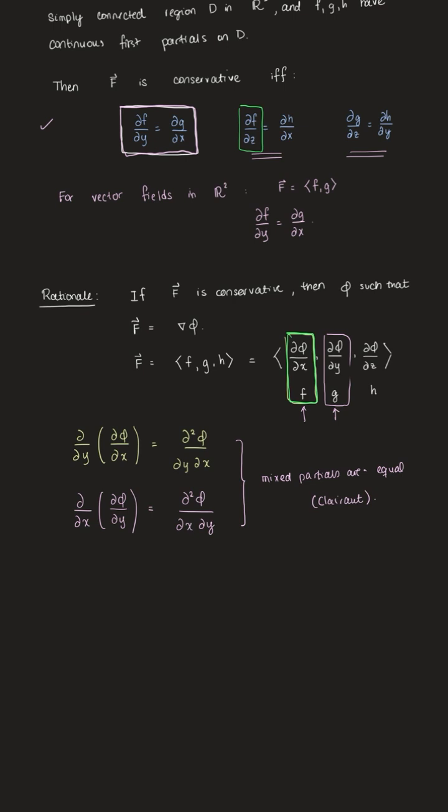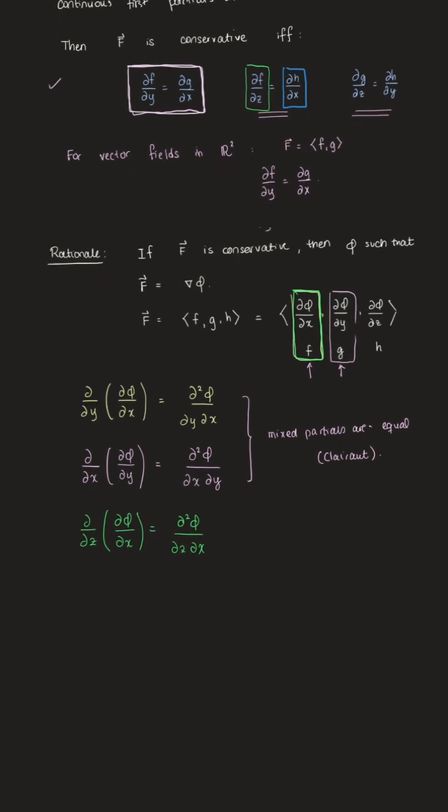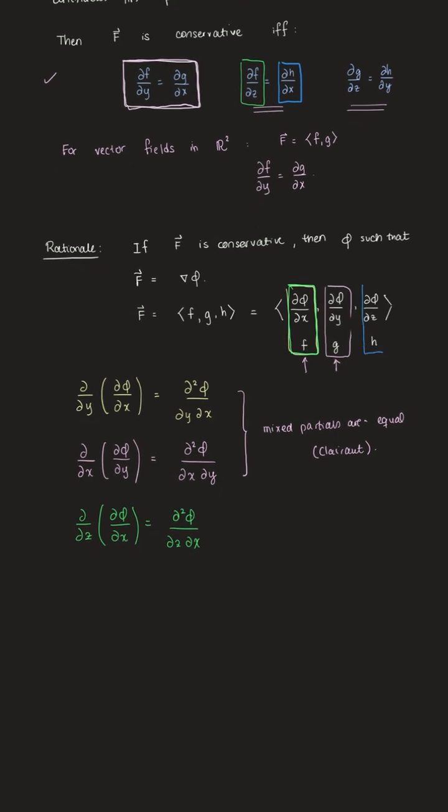So if I take the partial of the first component with respect to z, that's going to give me a second order partial, dz dx. Okay, if I look at the other piece, let me do this one in blue. The partial of the third component with respect to x, well, now I look at that third component, take the partial with respect to x, and that's going to give me d phi dz.